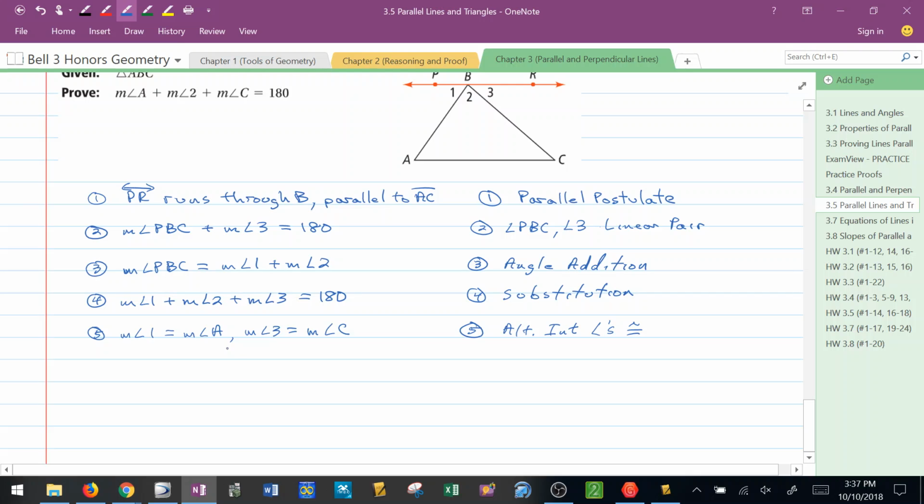So now what can I do with this A and this C? I can go ahead and substitute and say, well, now I know that the measure of angle A plus the measure of angle 2 plus the measure of angle C must be 180. That's what they wanted me to prove, and I know that to be true by substitution.